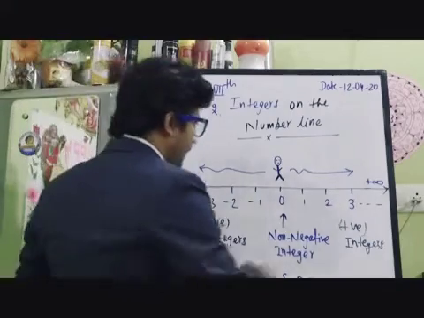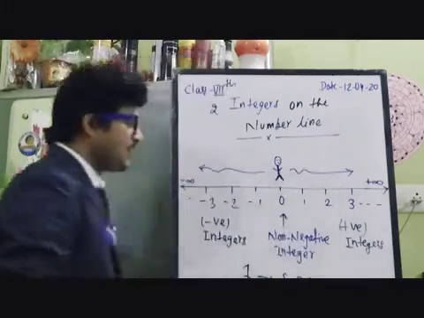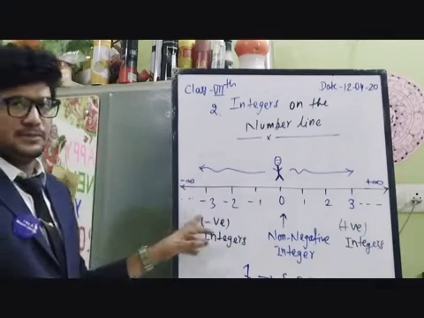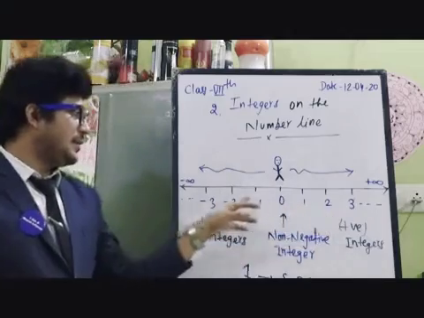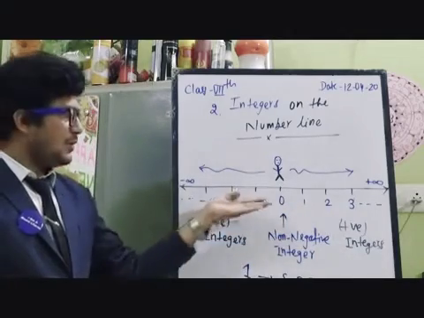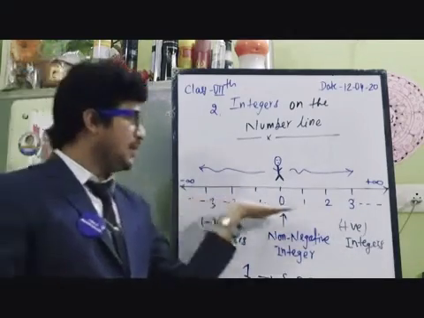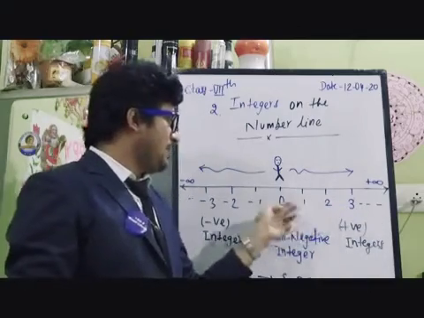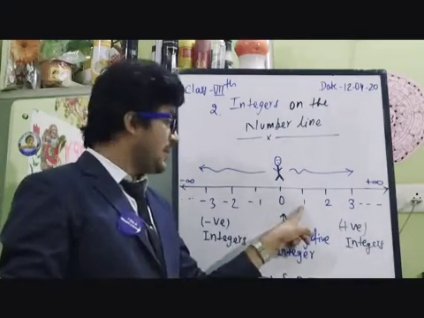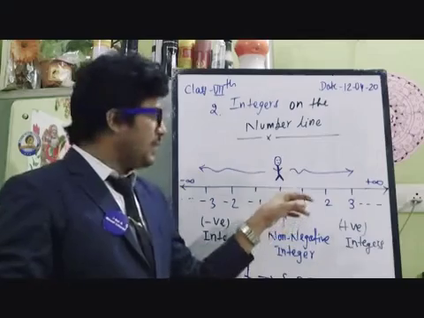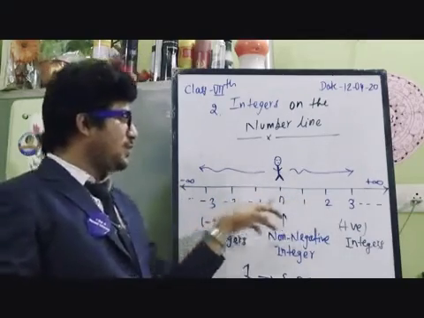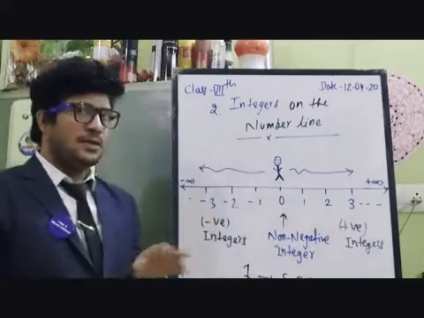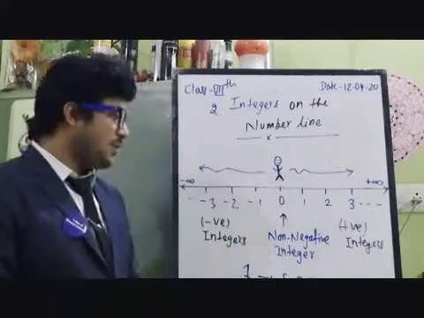So every positive integer is greater than every negative integer, because this is the back side and this is the forward side. See, 1 is always greater than -1. What is the opposite of 1? -1. The opposite of 2? -2. The opposite of 3? -3. Like this we plot on the number line.